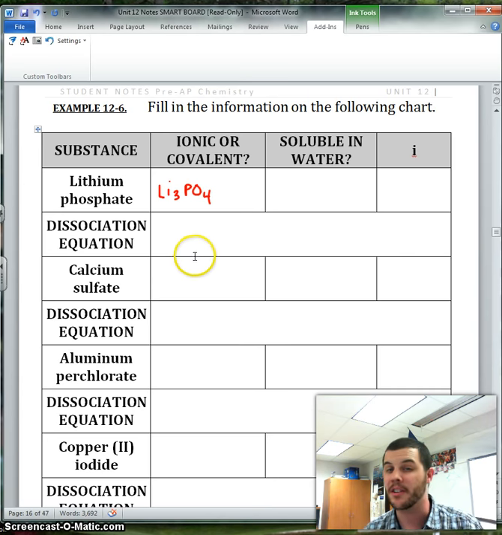Phosphate is a -3 polyatomic ion, which we remember from memorizing our polyatomic ions. And now we want to ask ourselves, is this soluble in water? Well, now I've got to go back to my solubility rules. Lithium is a group 1 metal. Since there's no exceptions to that rule, I know that yes, it is absolutely soluble.